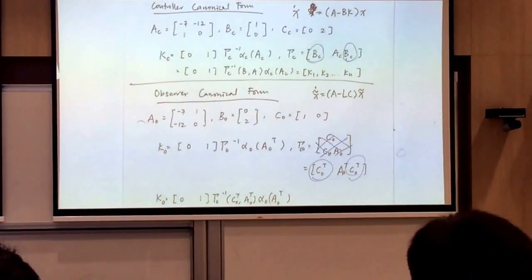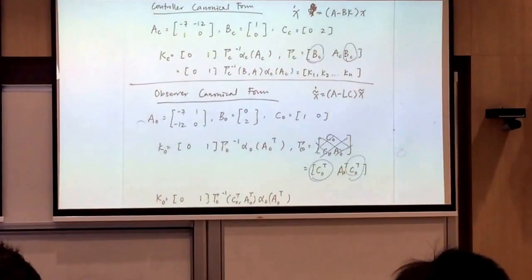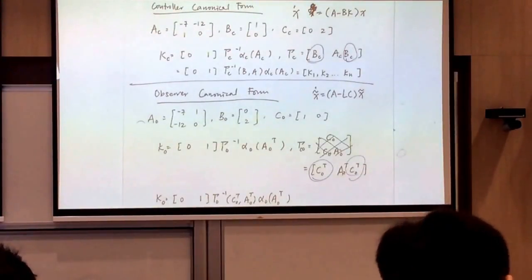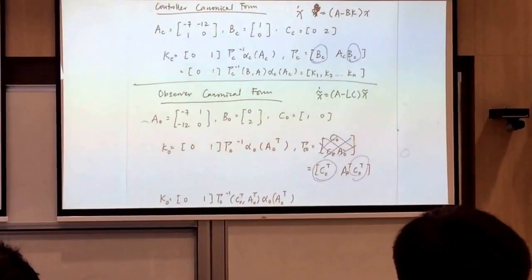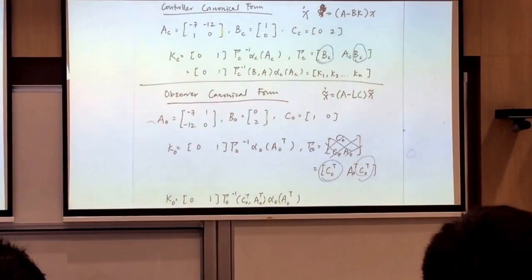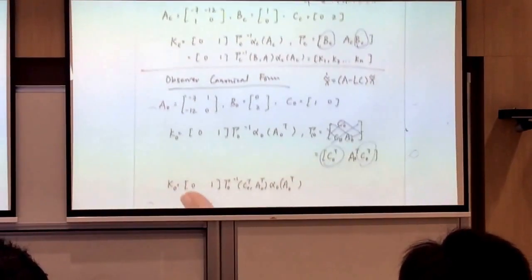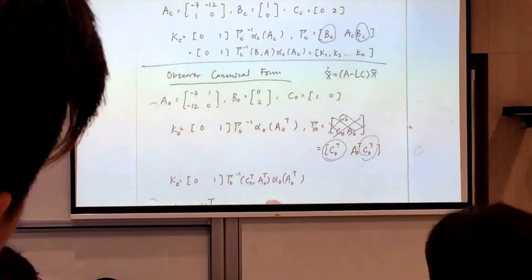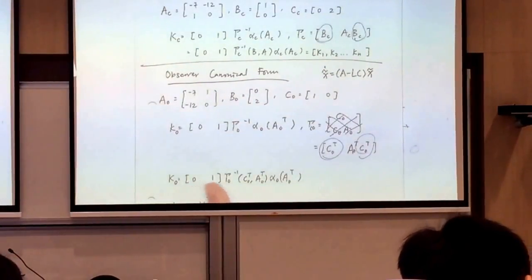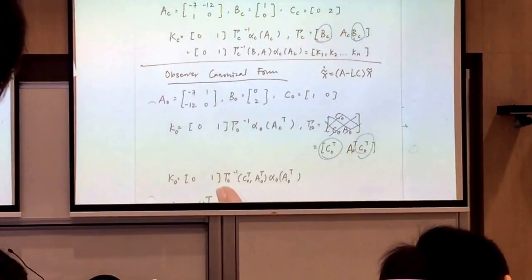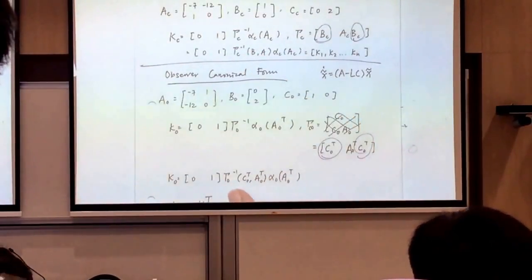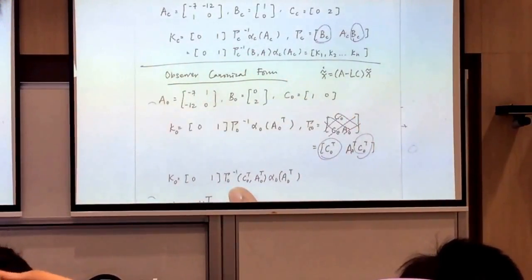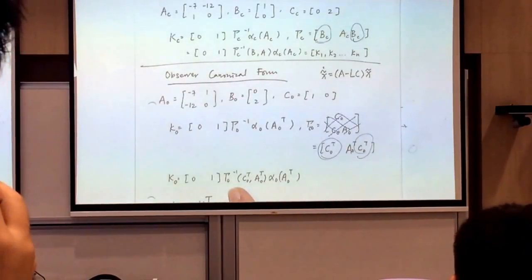I'm not quite sure. So for those who don't want to copy, maybe the only useful thing is this one. This one. KO. Instead of gamma C inverse, we say gamma O inverse. What is gamma O?